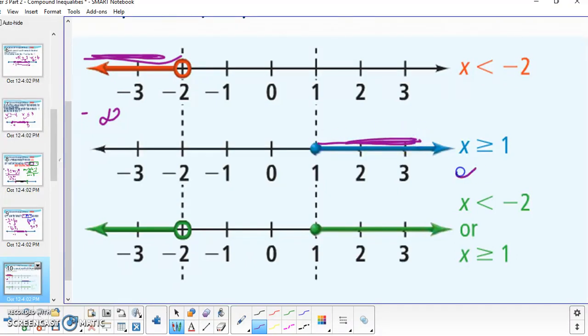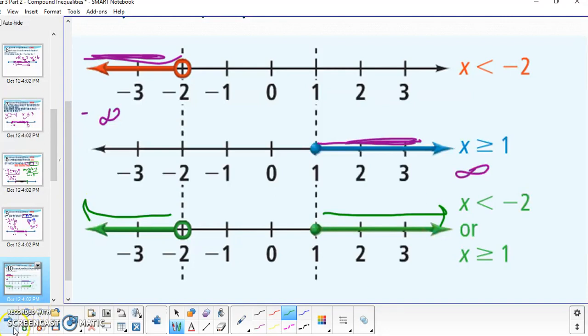Everything to the right to infinity makes that statement true. When you combine these two, which is the green example, or, all real numbers that way, all real numbers that way. No overlapping. Or means infinities, positive and negative infinities, and and means they overlap.